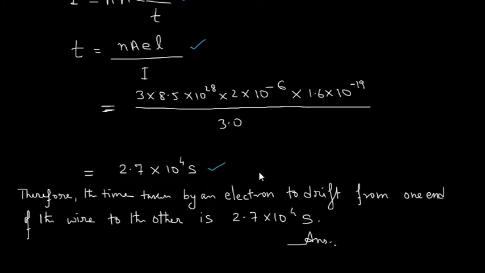Therefore, the time taken by an electron to drift from one end of the wire to the other end is 2.7 into 10 to the power 4 second.